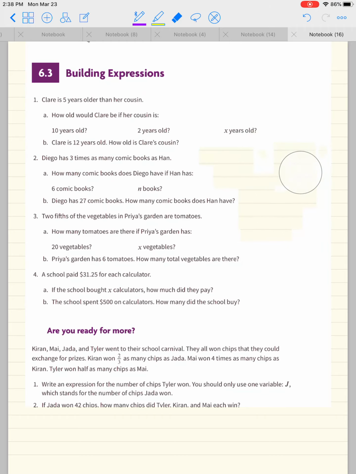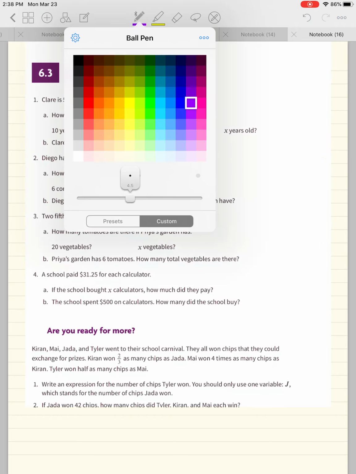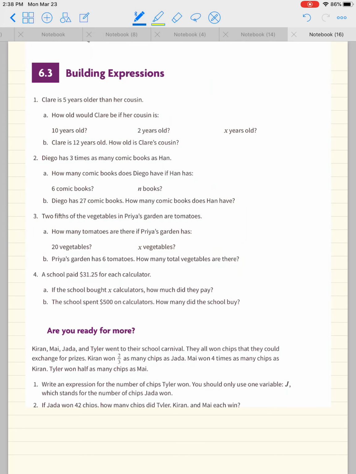Okay. Sorry for the confusion on that one. We all make mistakes. Moving on to number 3. 2/5 of the vegetables in Priya's garden are tomatoes. Okay, so 2/5 of, and I don't know if you guys remember, but of always means to multiply.